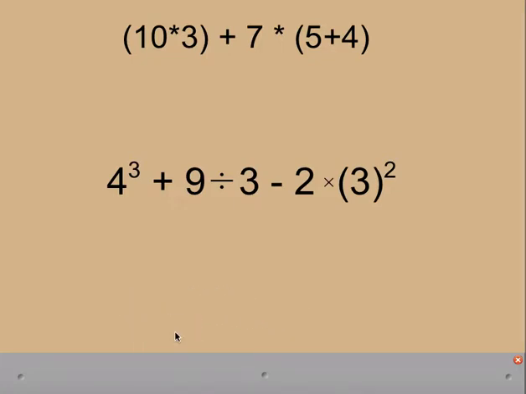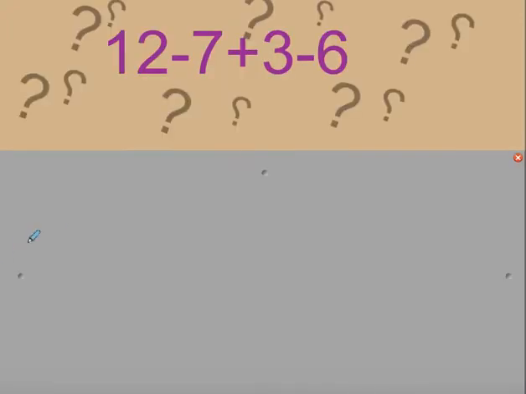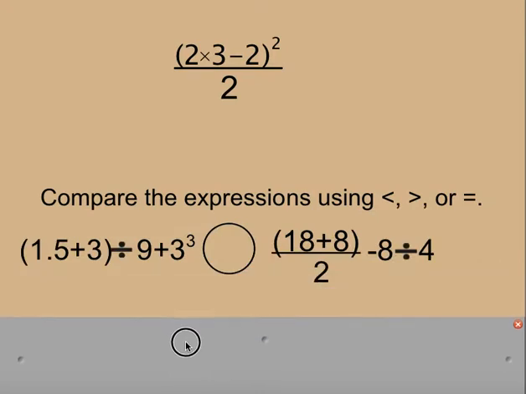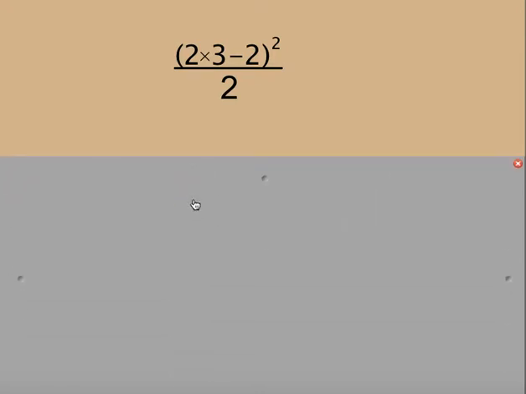All right, let's do one other example of our PEMDAS. We'll do 2 times 3 minus 2, all of that squared divided by 2. This is kind of a funky one because we have to look in those parentheses, but we see that we have multiplication and subtraction in there.